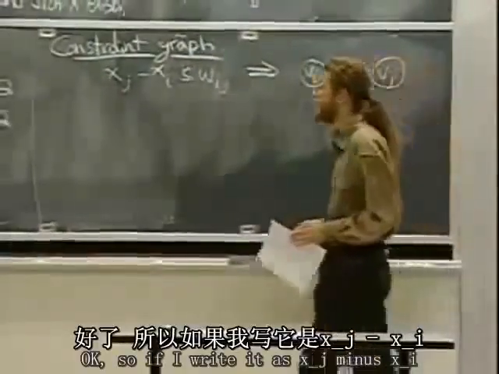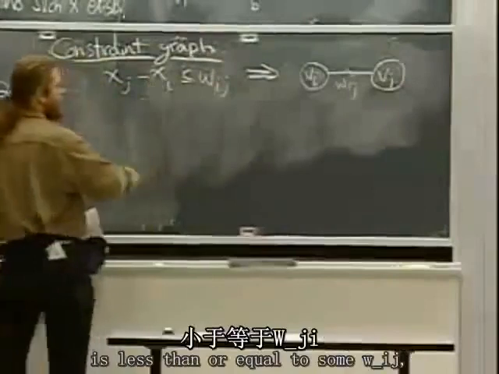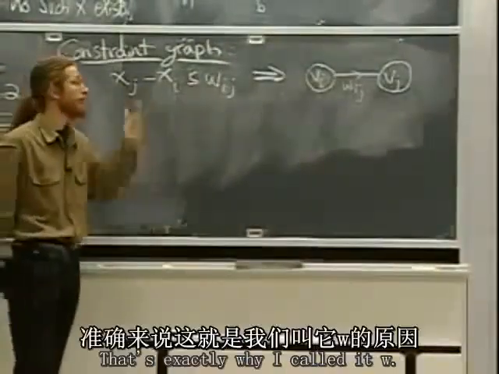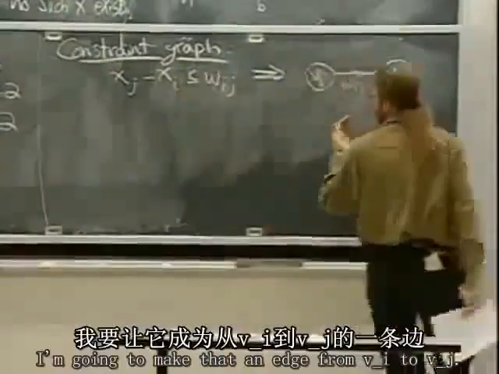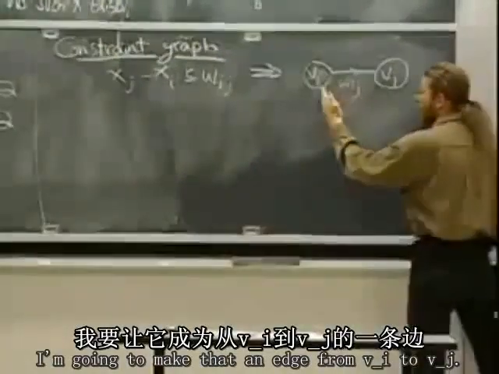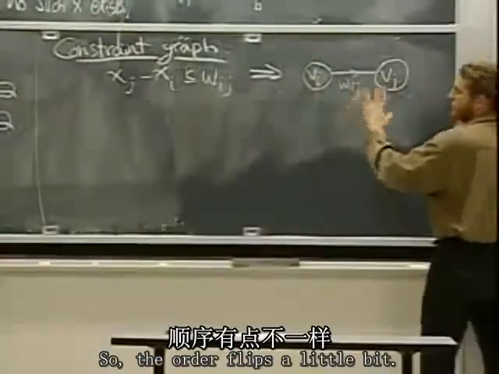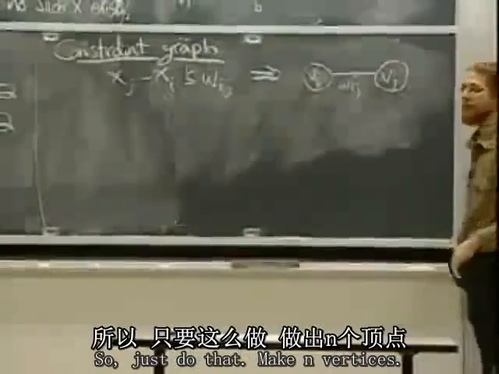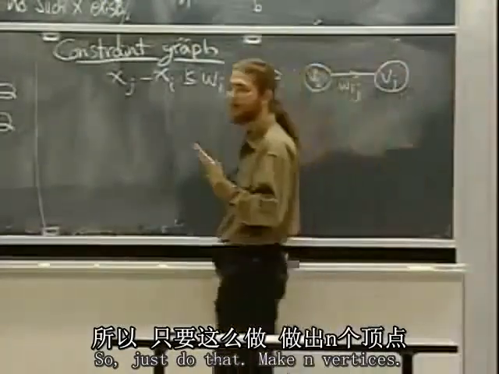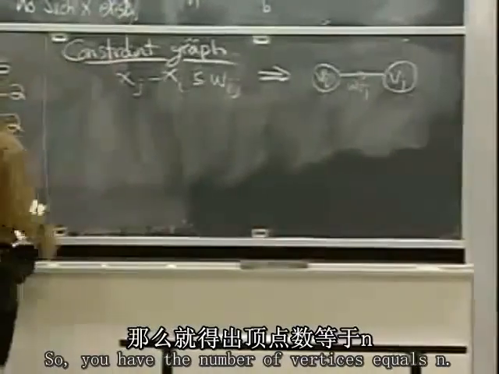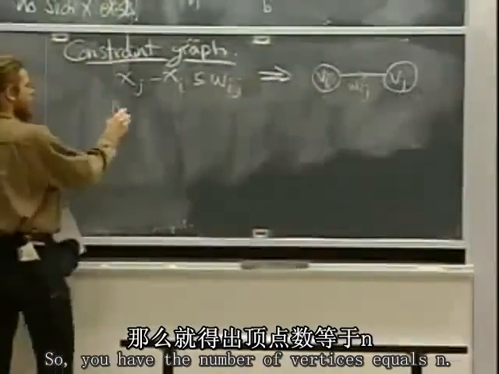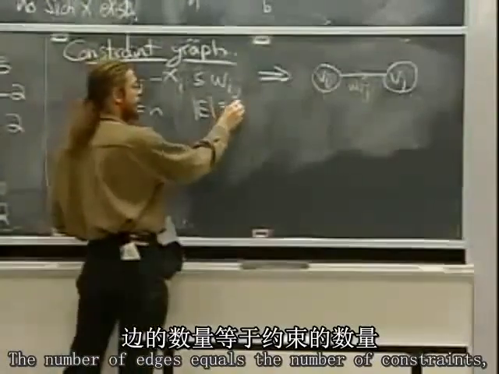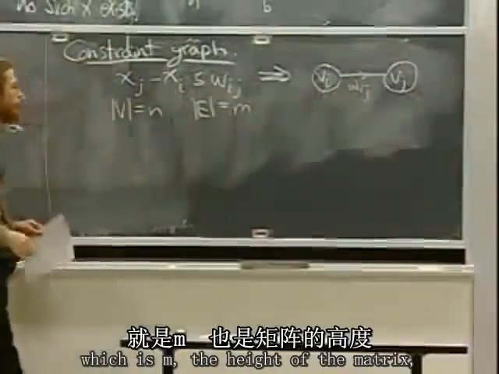So if I write it as xj minus xi less than or equal to some wij, w seems suggestive of weights. That's exactly why I called it w. I'm going to make that an edge from vi to vj, so the order flips a little bit. And the weight of that edge is wij. So just do that. In other words, make n vertices, so the number of vertices equals n. The number of edges equals the number of constraints, which is m, the height of the matrix.